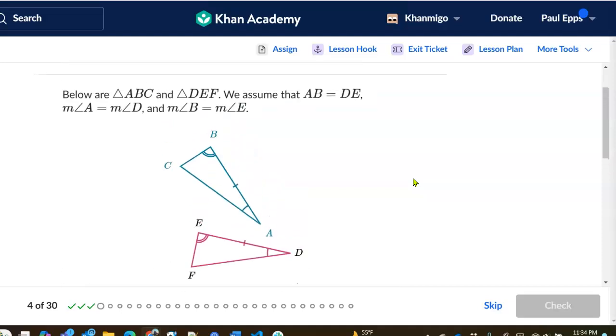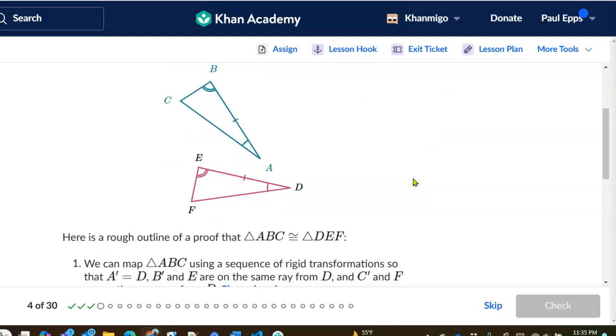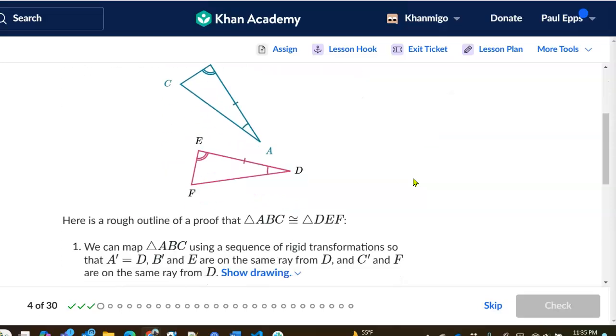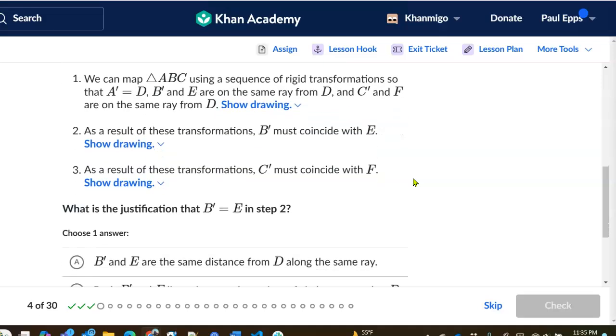Here's a rough outline of, below are A, B, C, and D, E, F. We assume that AB equals DE, measure of A equals measure of D, measure of B equals measure of E. It's a rough outline of the fact that they are congruent.